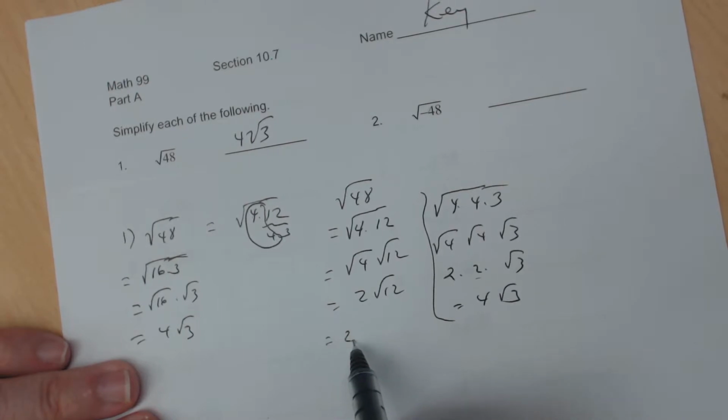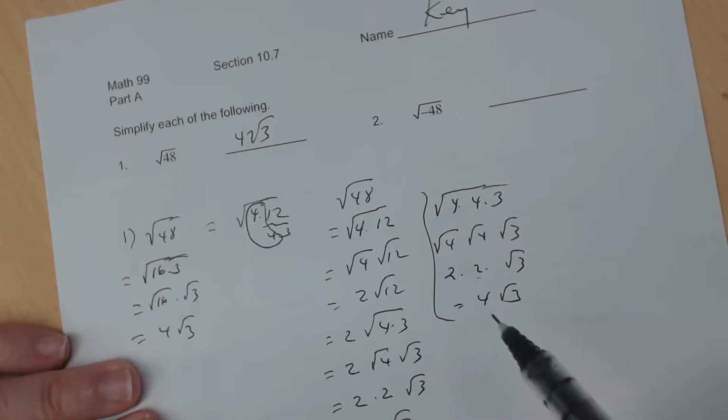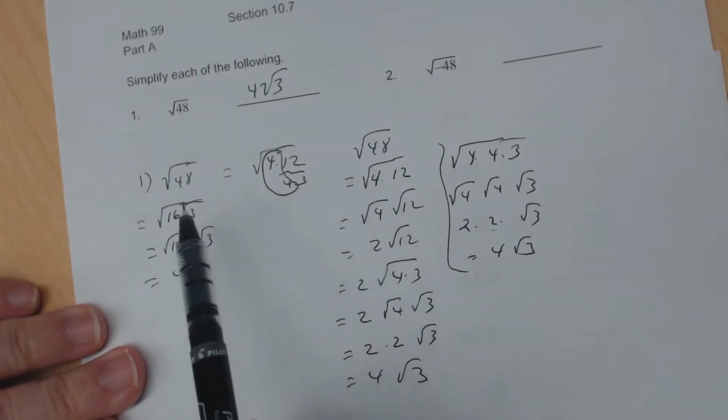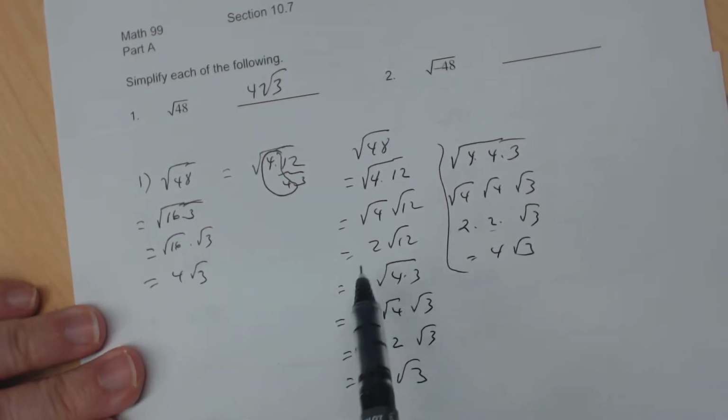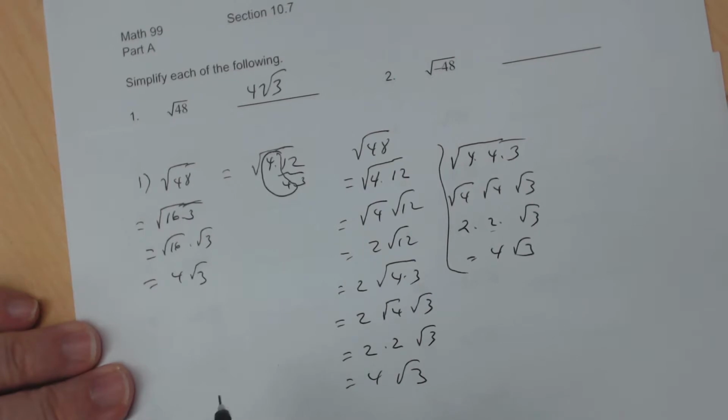So you would get 2 square root of 4 times 3. So that's 2 square root of 4, square root of 3. So that's 2 times 2, square root of 4 is 2, square root of 3. So you get 4 square root of 3. So either one of these methods is okay. Just remember, though, you always want to try and use the largest because it saves you a lot of time, and if you have too many of these steps, you could have easily messed up somewhere.